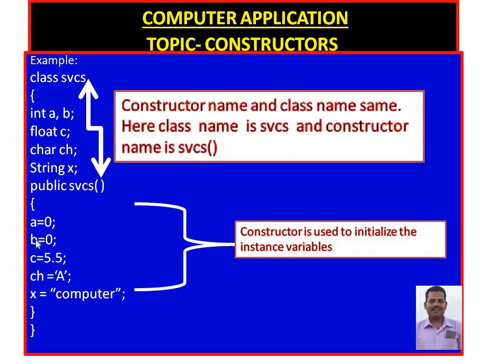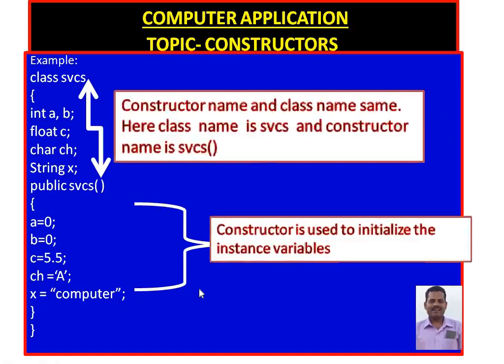A is initialized by 0, B is initialized by 0, C is initialized by 5.5, CH is initialized by A, and X is initialized by computer. That means a and b are integer type, c is the float type, character ch is the character type, and computer is the string type.